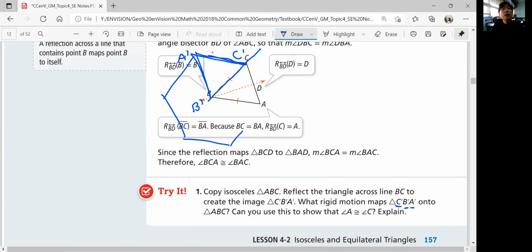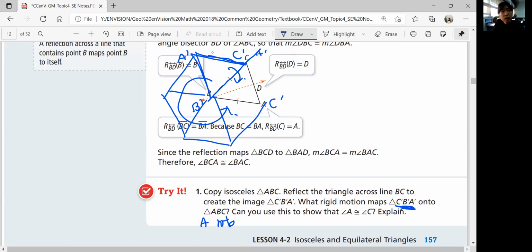So you will get a hexagon, right? So if you rotate it here, or you rotate it the other way, you will map C prime to A, and B prime to B, and then A prime to C. Yeah, so you need to pay attention to the points and the corresponding points.